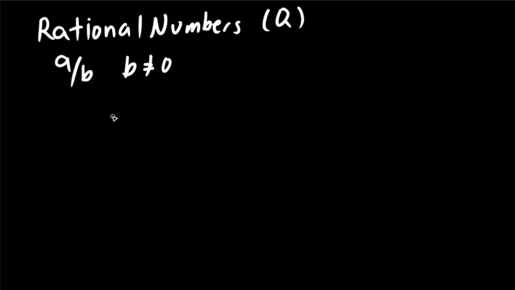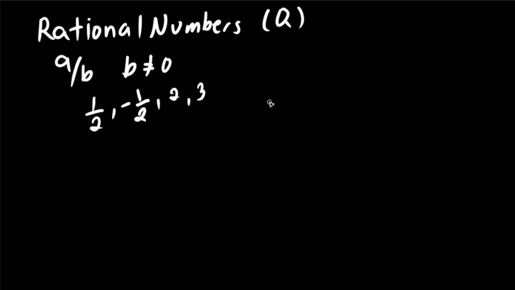Alright. So, what are examples of rational numbers? Well, 1/2, its inverse, negative 1/2, 2, 3. So any number that can be expressed as a over b is a rational number.